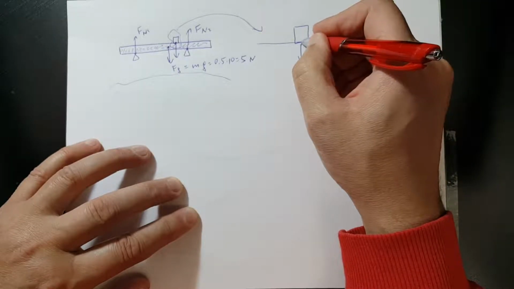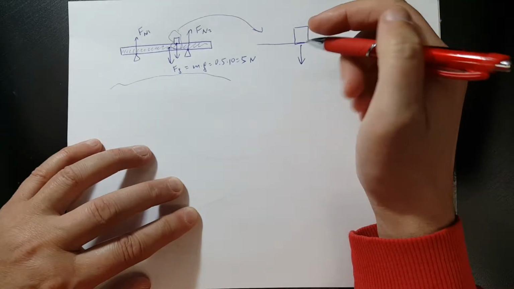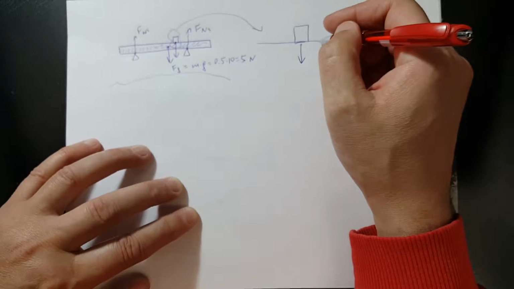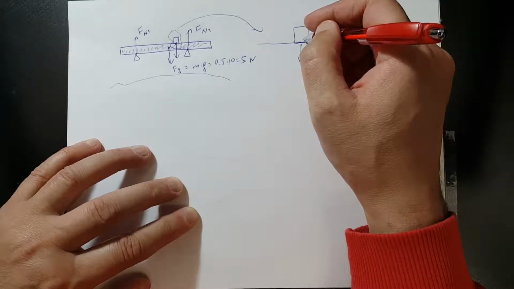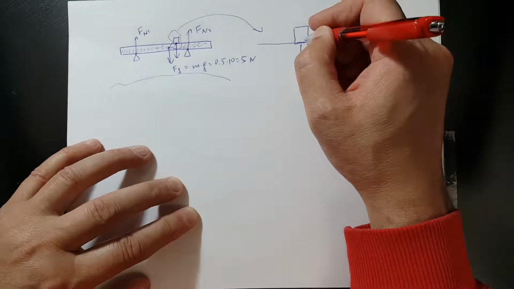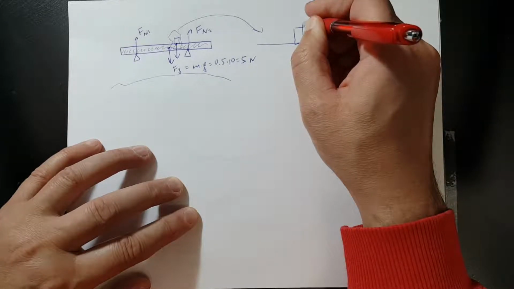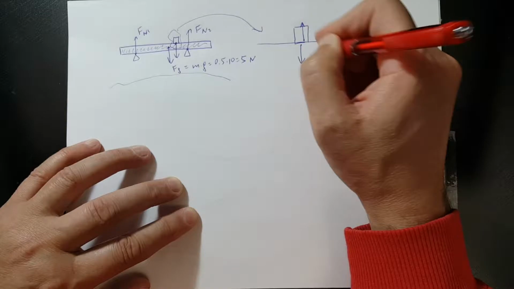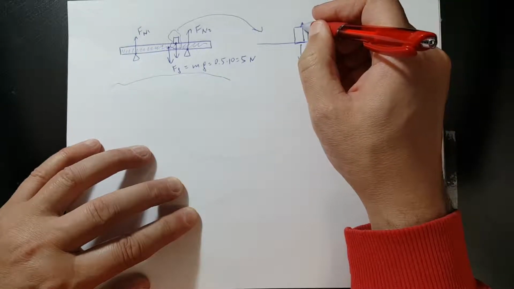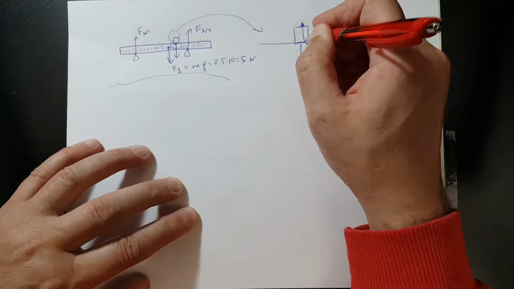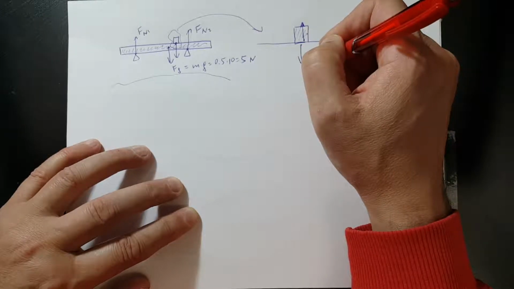But because they touch each other, according to Newton's third law, there has to be a force acting back from this board on this object. That force has the opposite direction, but exactly the same magnitude. We still don't know this force, but it is now acting on this object.